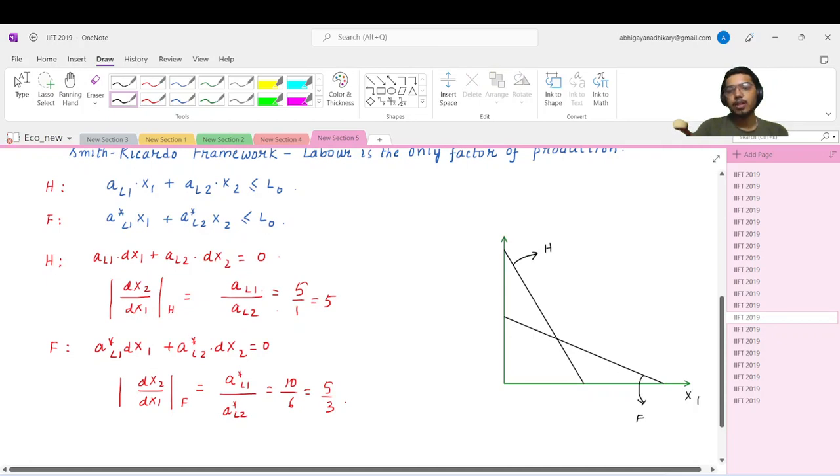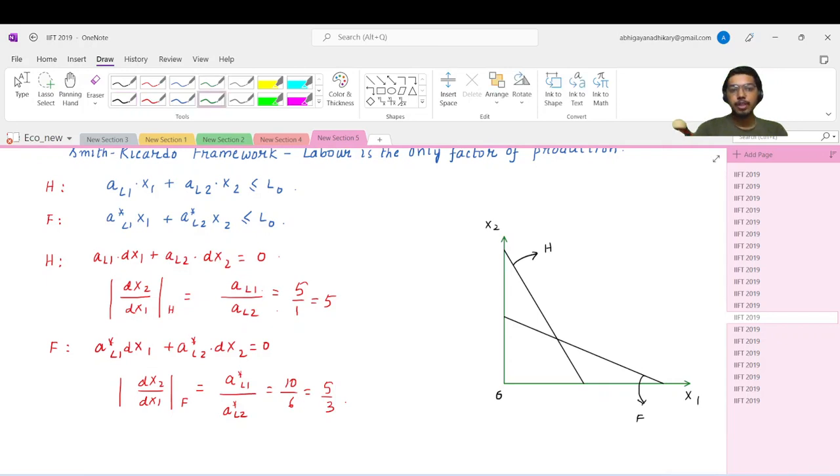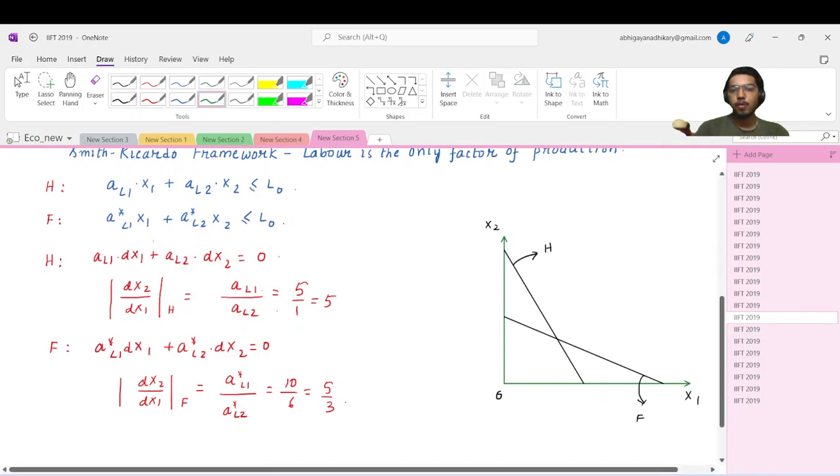We have X1 over here, X2 over here, and 0. Now, just to recap a few crucial things directly from the Smith-Ricardo framework, the slope of the PPF basically represents the autarky prices. That means the home relative autarky price is PD and the foreign relative autarky price is PF.